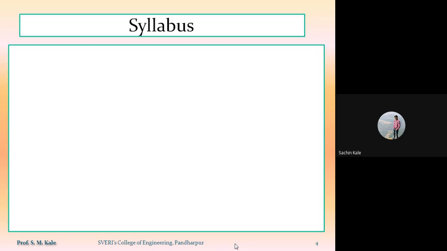After that, we discussed the syllabus. For this refrigeration and air conditioning subject, there will be two sections, section 1 and section 2. Section 1 will consist of 4 chapters, and section 2 will consist of the remaining 4 chapters, so the total is 8 chapters.